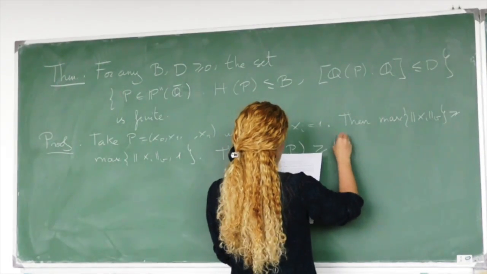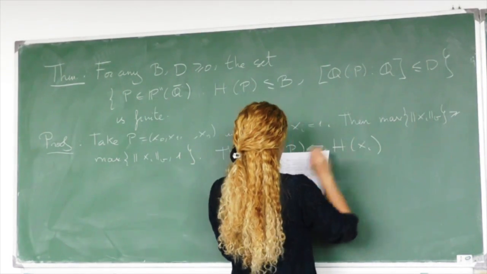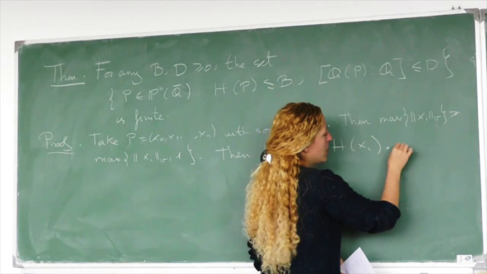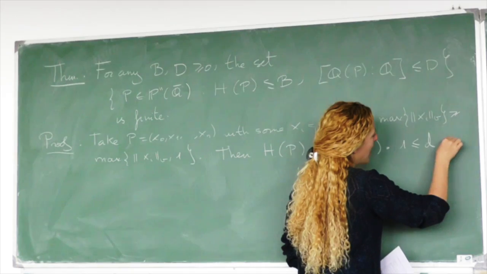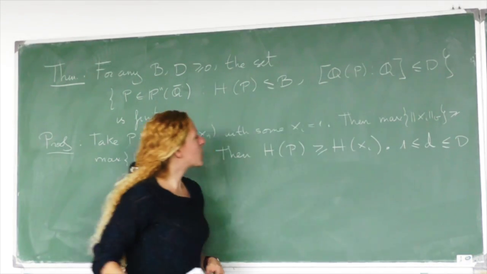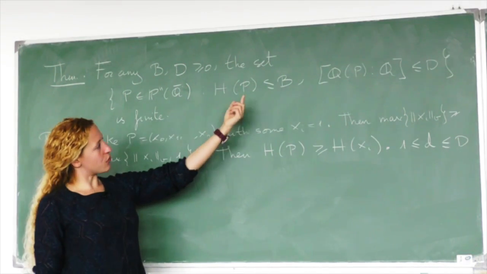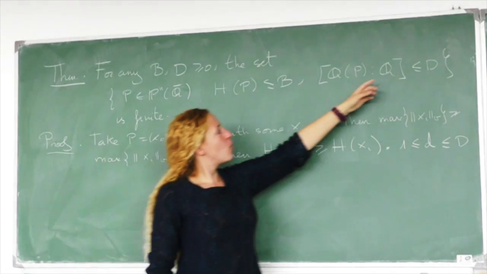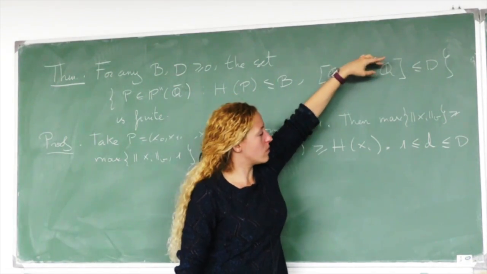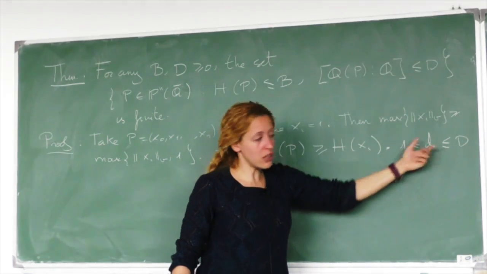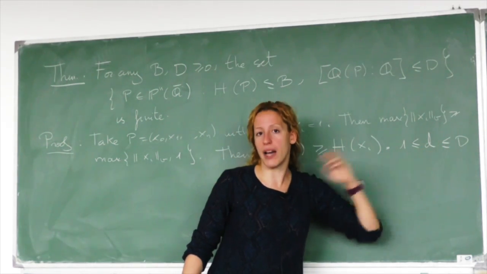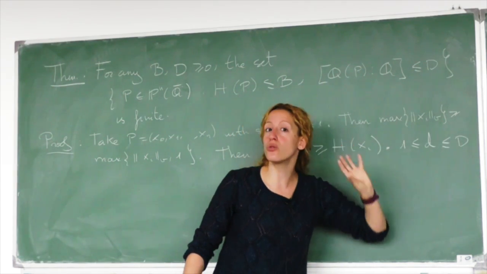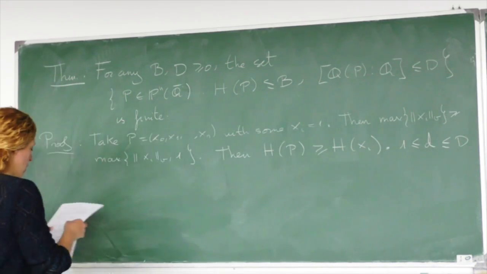So this is greater or equal than the height of each coordinate. Very well. Now I'm going to fix a d in here, because in order to prove that this is finite, I'm going to prove that this set is finite, where the degree is equal to d, a small d, for each d in this interval. This would imply the result. So I'm going to take such a d, fix it now, and prove that that set is finite. Very well.